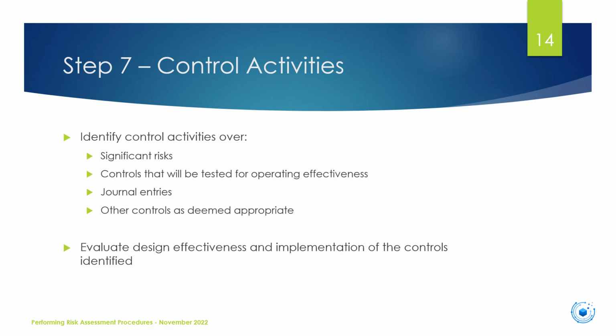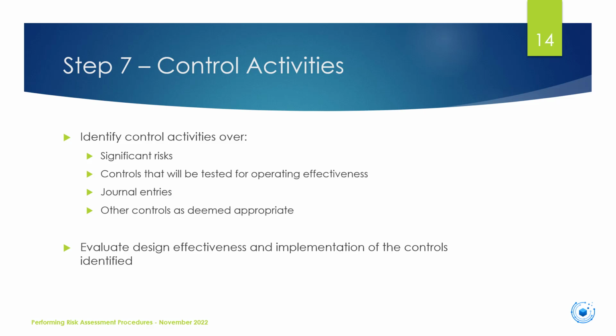Then once we have identified all of the risks and have performed our assessment of inherent risk, we can then move on to our last component of internal control, which is control activities. We are not required to identify and assess all control activities.